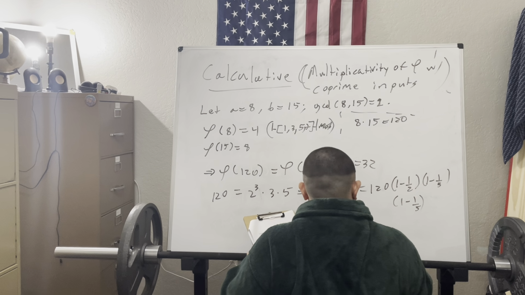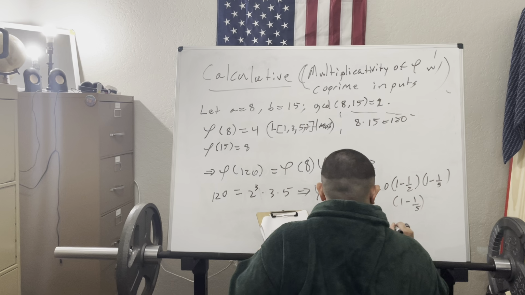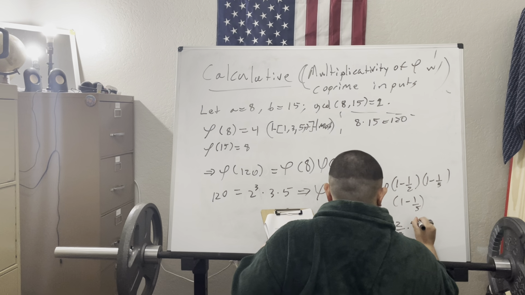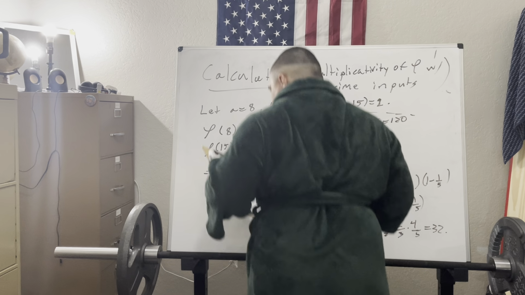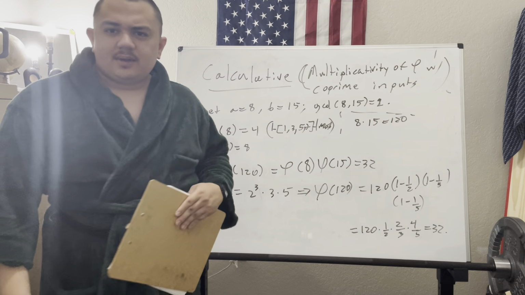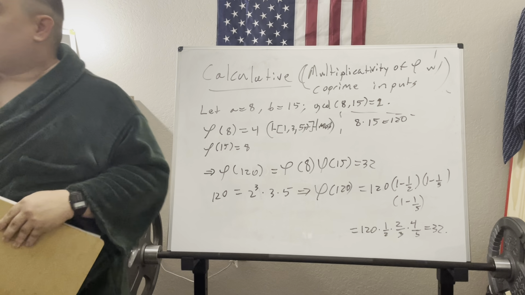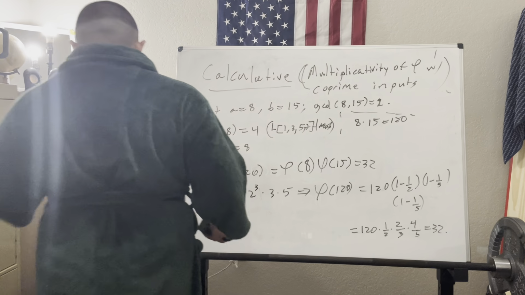And what this gets us is 120 times 1/2 times 2/3 times 4/5, which is equal to 32. So, there we go. Camera's still working. Very good.